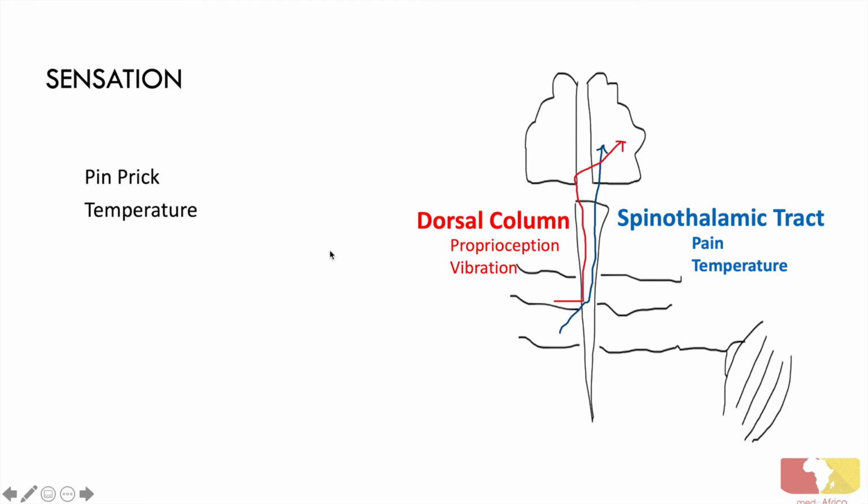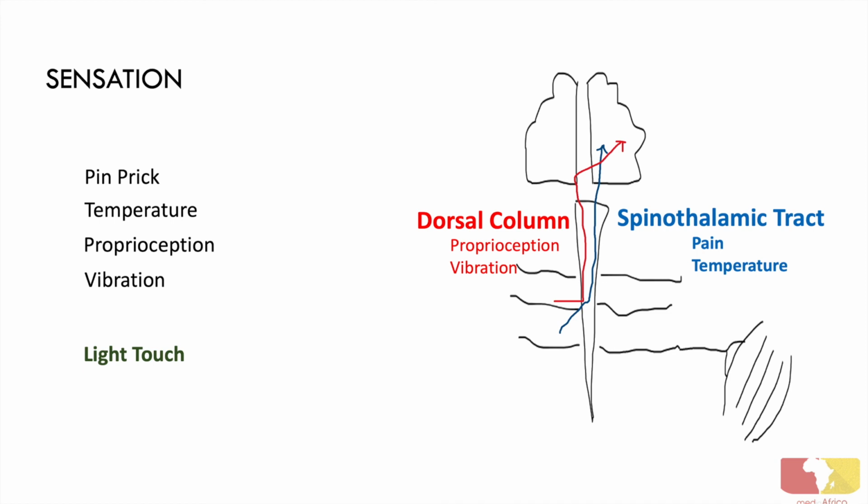So if you look at the modalities that we've covered so far with these tracts, we've covered pain or pinprick, temperature, proprioception, and vibration. That leaves one sensory modality, which is light touch. So light touch is a bit different because it has some fibers that are carried in the spinothalamic tract and other fibers that are carried in the dorsal column.